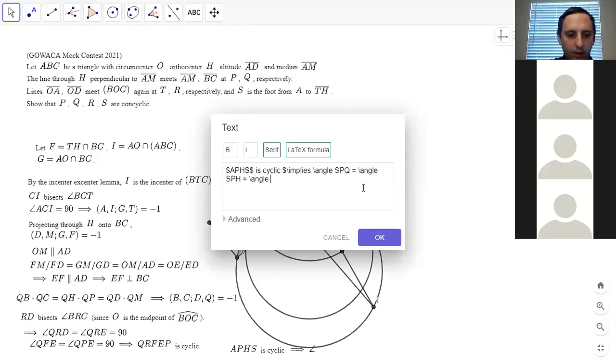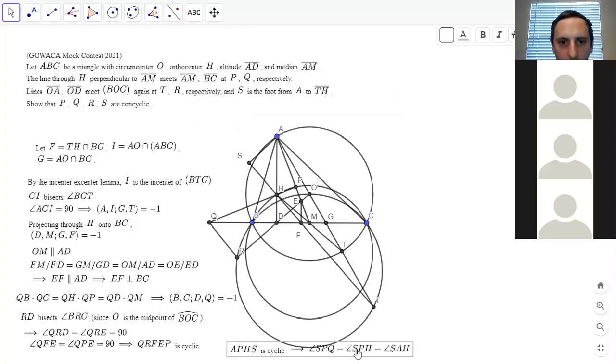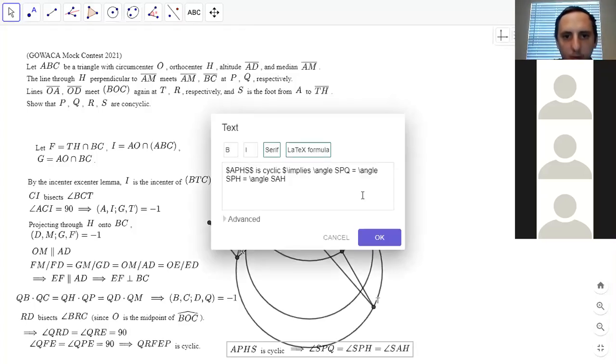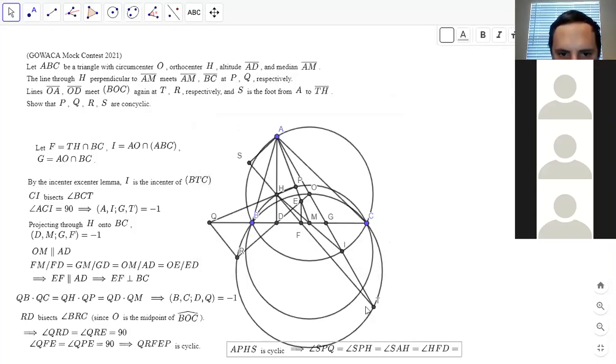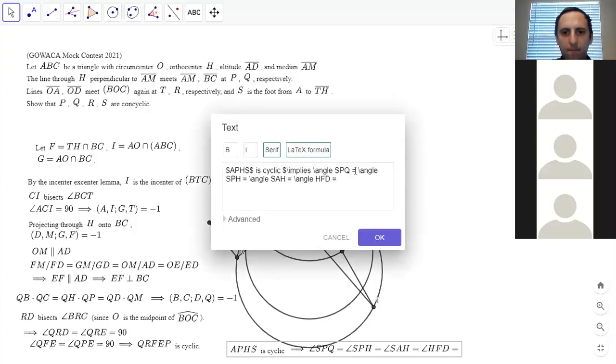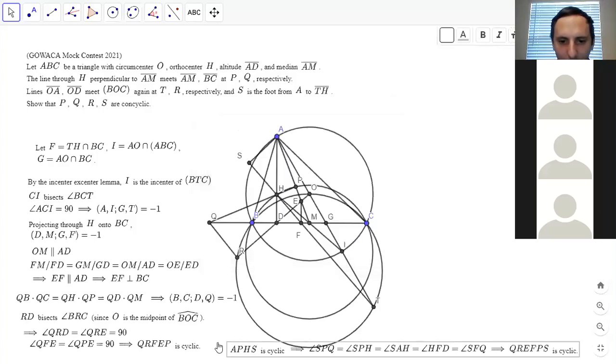This angle SAH, which is angle HFD, which is angle SFQ. And that implies that QREFPS is cyclic. All right, that was a nice combination of ideas.